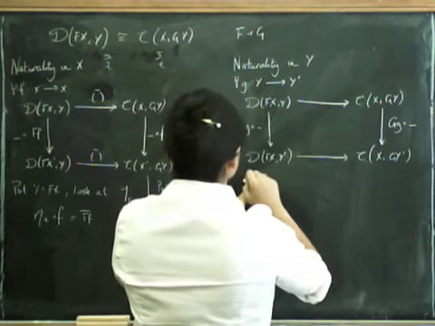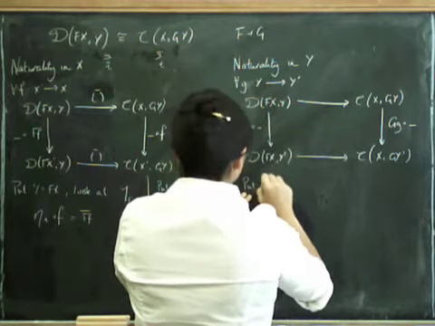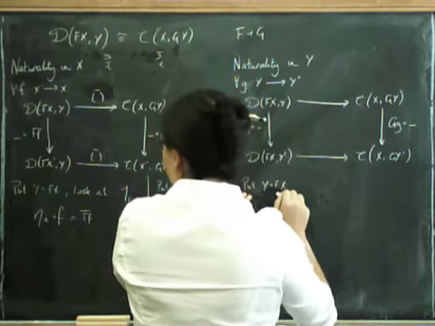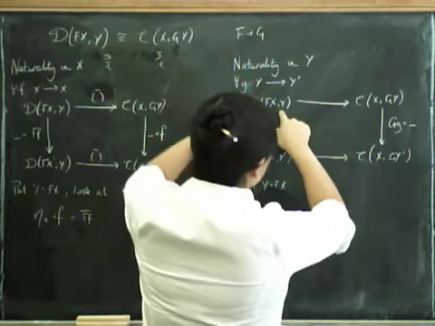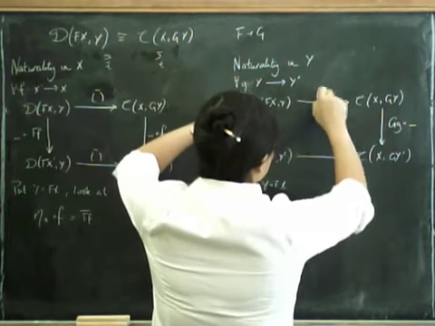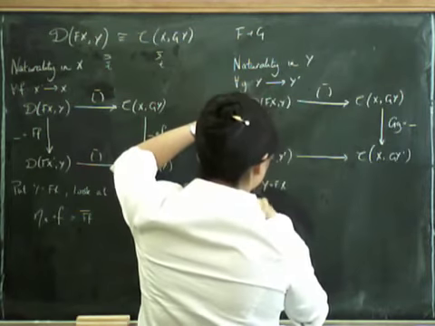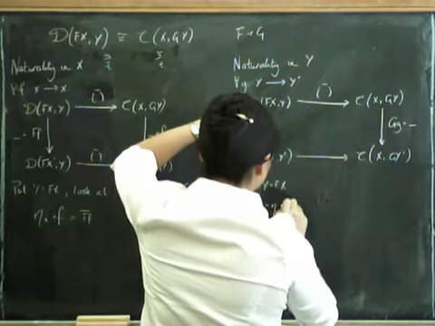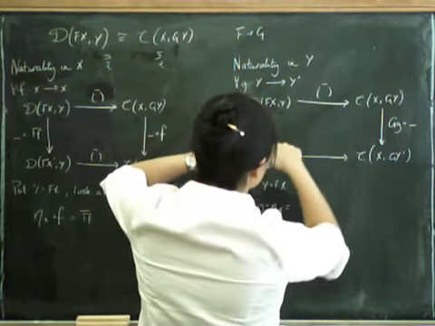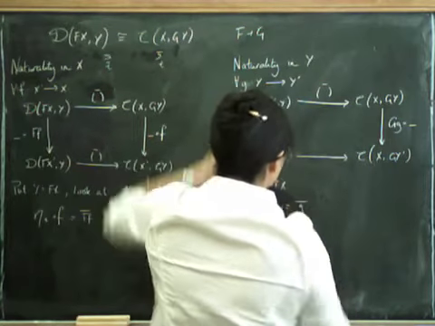We can do the same over here with this one as well. We can put y equals f of x and look at the identity here. And this time, this is again transpose here, so we get eta at x composed with g of g, and that's equal to g transpose.